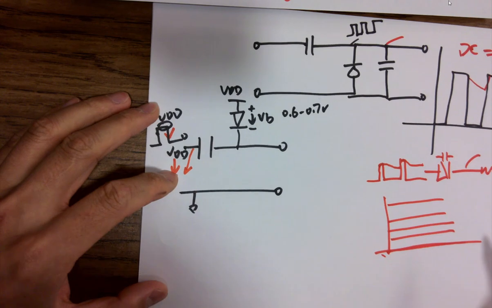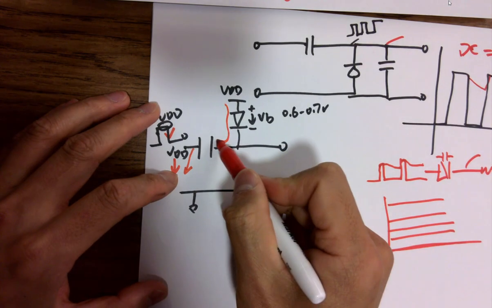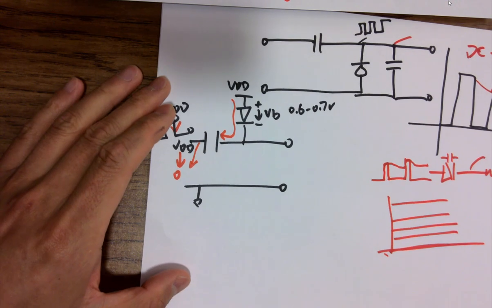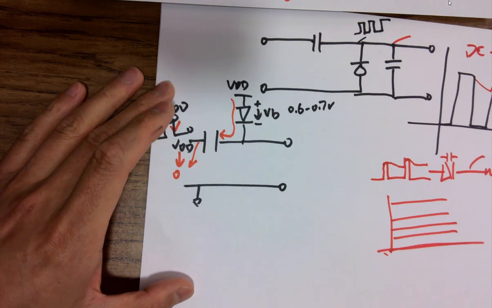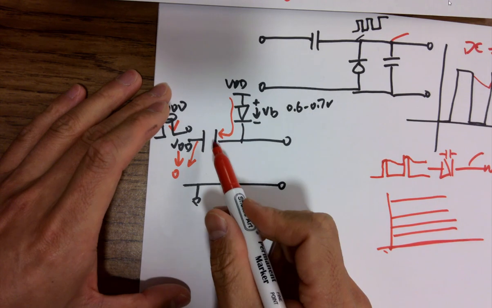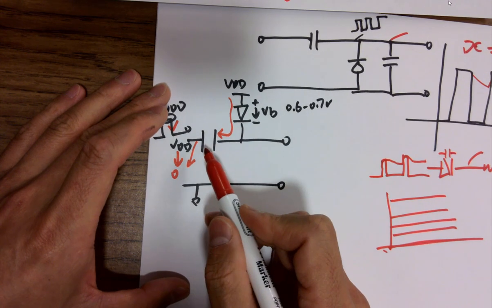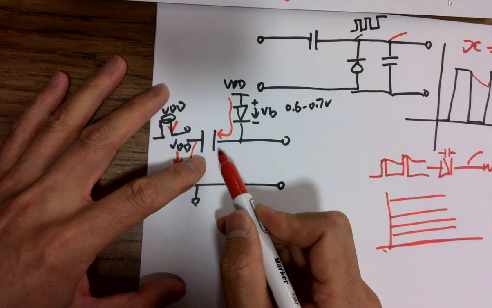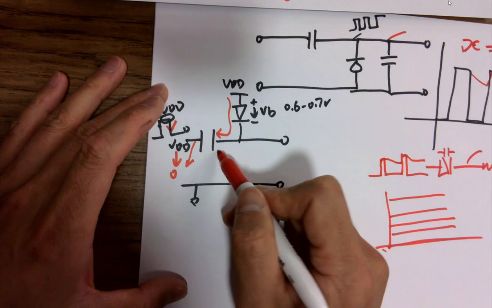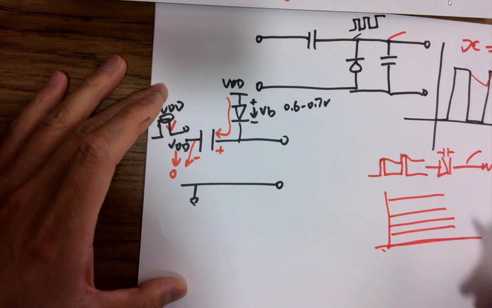At that moment, there will be current going through this diode and charging up the cap. Do you agree with that? That's how a capacitor works. Keep in mind, there will be current being pulled down to the bucket, charging up the capacitor. And what's the voltage being charged up? What's the voltage across the capacitor from here to here, do you think?